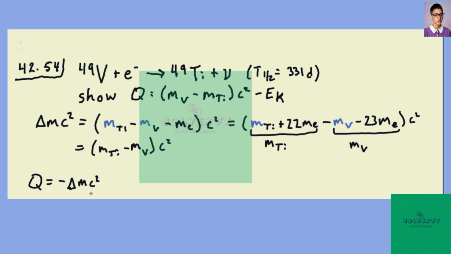Now this assumes, though, that the atoms are in their ground states, because the energy is going to be different if we have an atom in an excited state. We just said that since we're sucking a low energy electron into our vanadium nucleus, that's going to leave the titanium atom in an excited state. So this isn't sufficient to account for this.